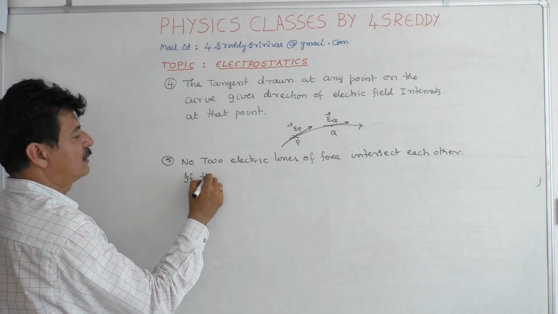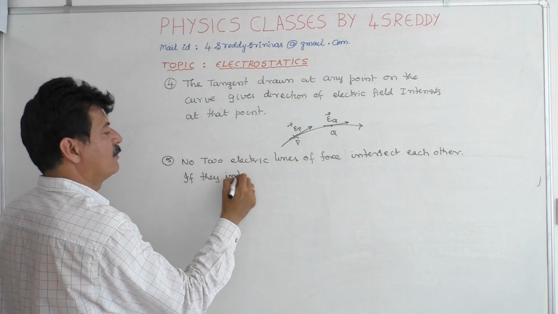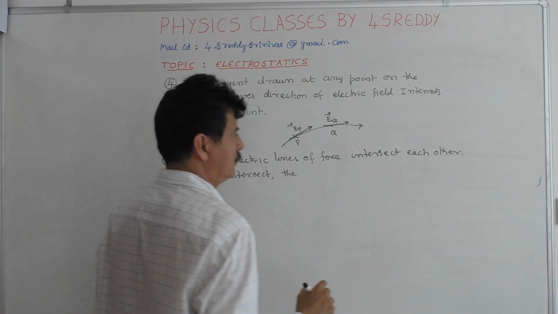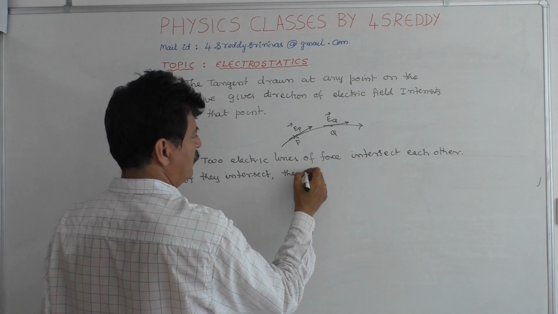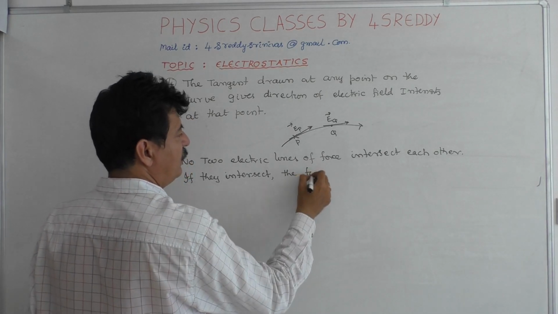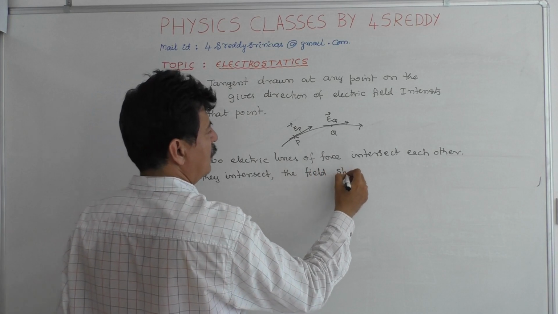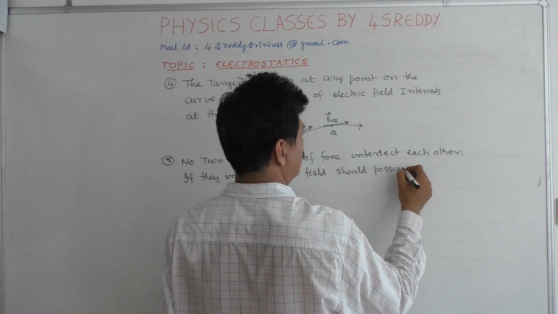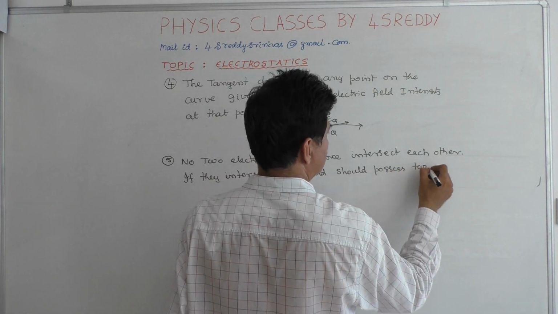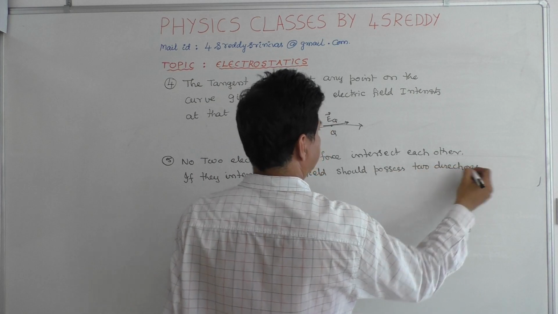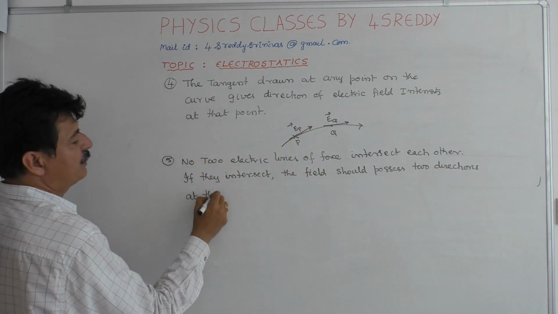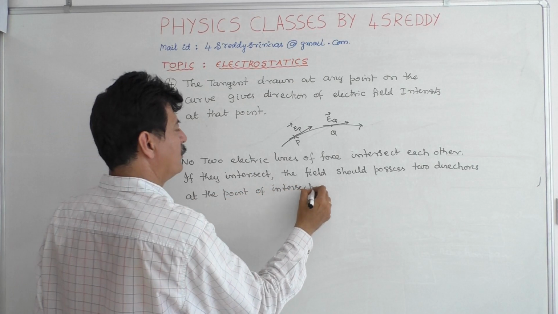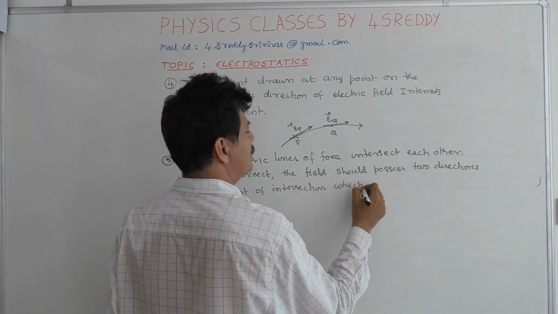If they intersect, the field should possess two directions at the point of intersection, which is impossible.